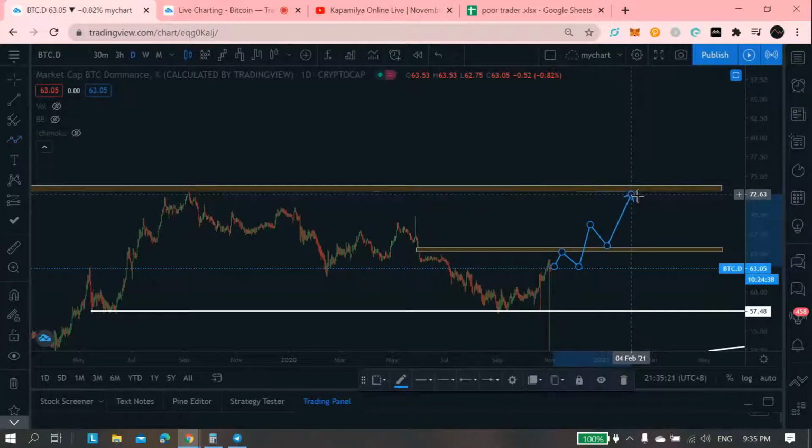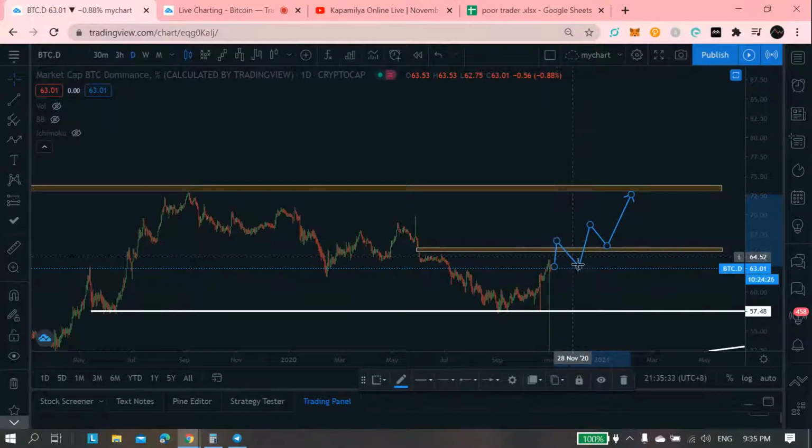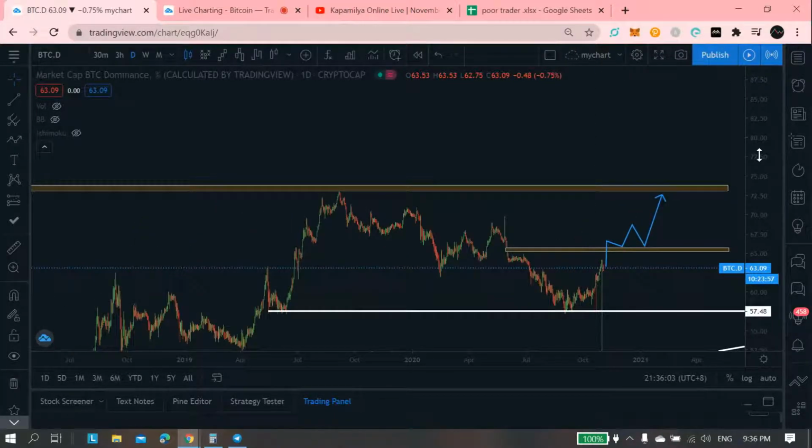This is what I'm expecting for the BTC dominance, to fill this gap, and then to fill that gap. Possibly retest that gap again, retest this next resistance of around the 68 area before filling the second gap of around the 74 area.